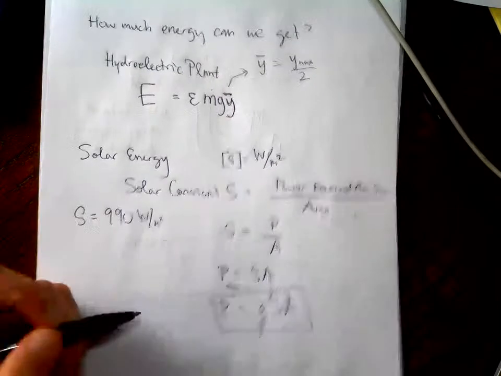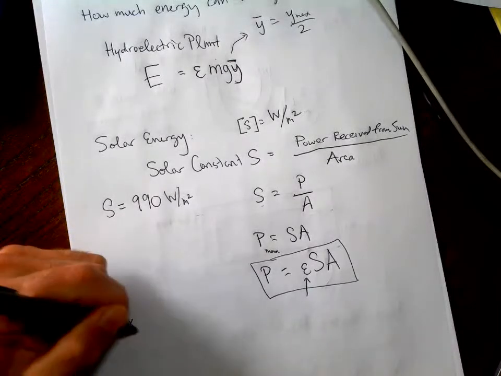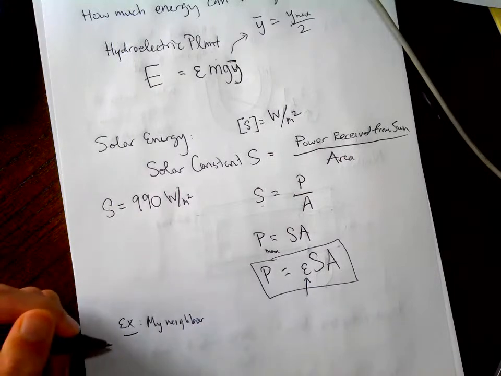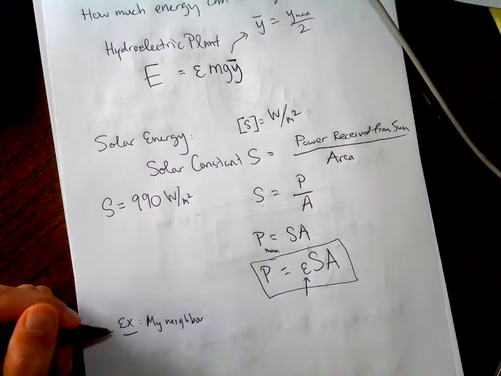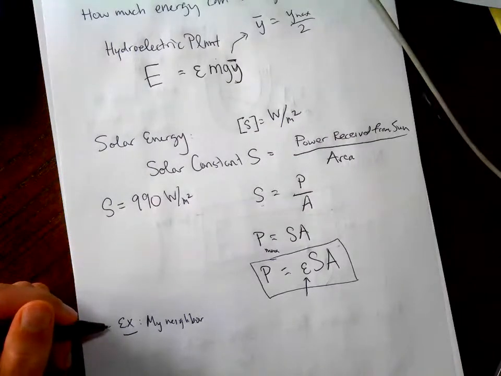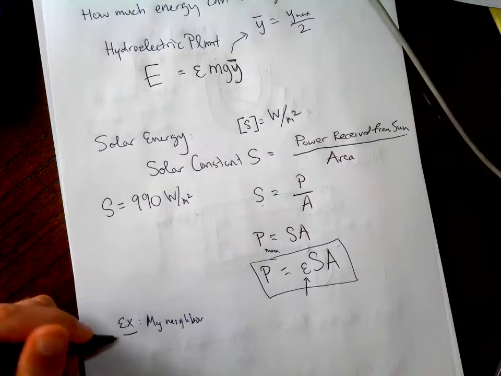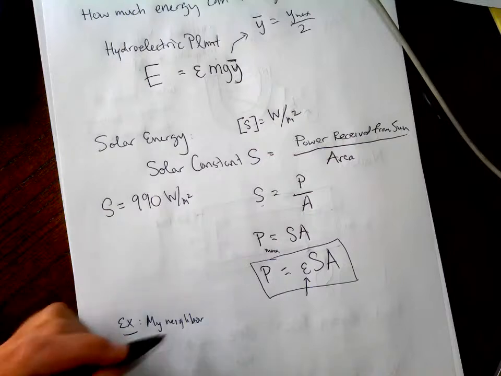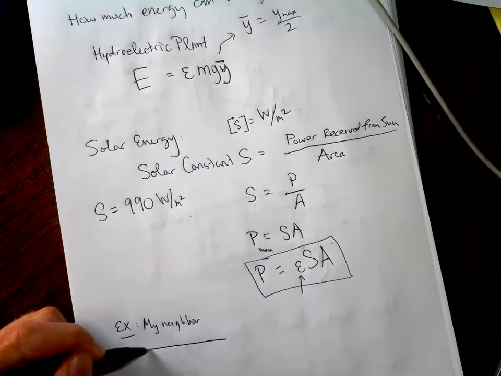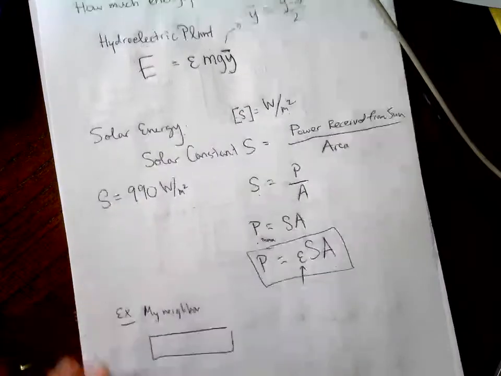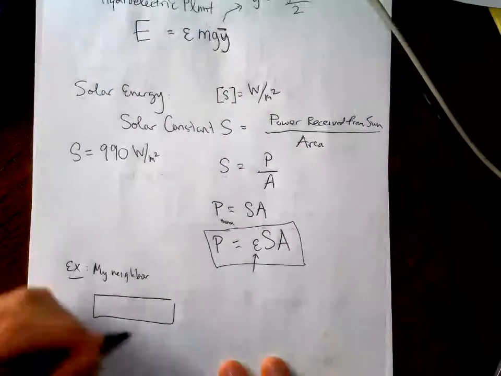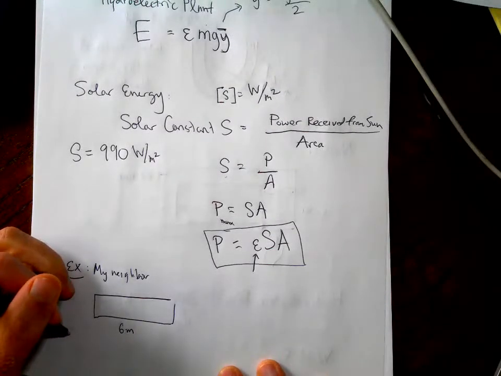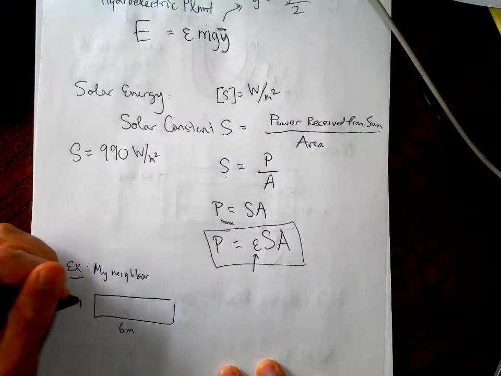I was talking to my neighbor the other day because my neighbor just had solar panels installed, so let's do an example. I'm actually looking at my neighbor's roof through the window right now. Her solar panels look like this on the roof, and it looks like they're about 6 meters long and maybe, I'm going to say, 1 meter tall.